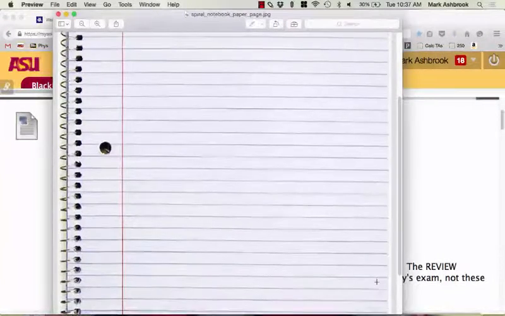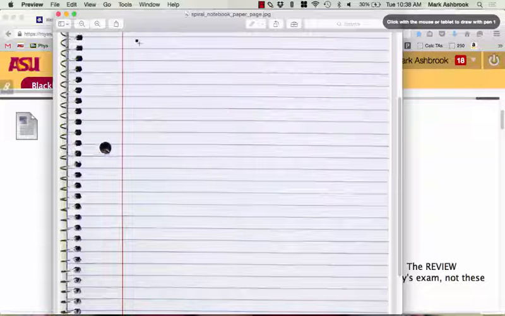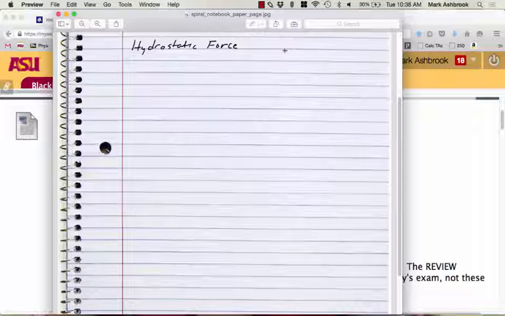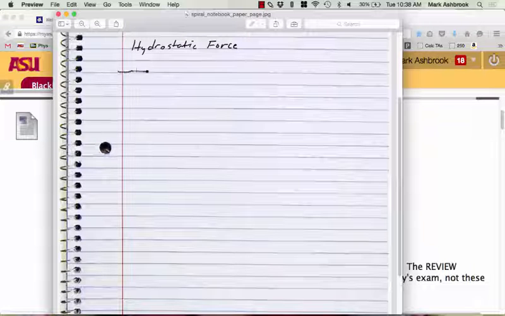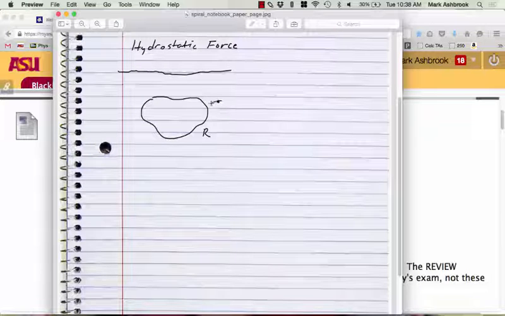So what happens is, if you have some kind of surface beneath the surface of some liquid, like in the ocean, so if you have some kind of liquid like this, and you have some kind of vertical region R, like a plate, wall, etc., that's submerged, okay?